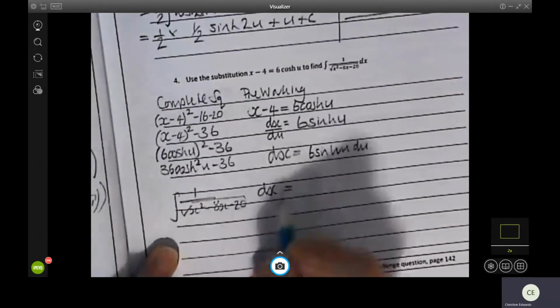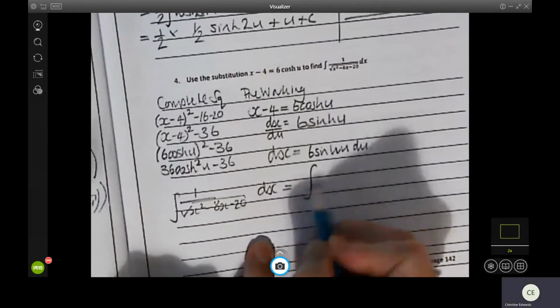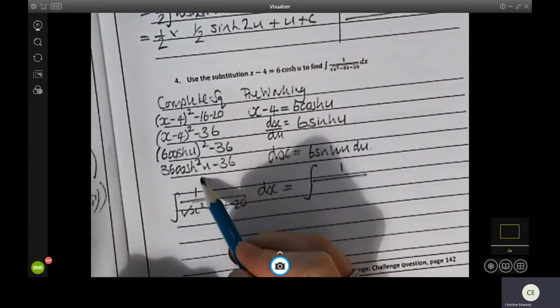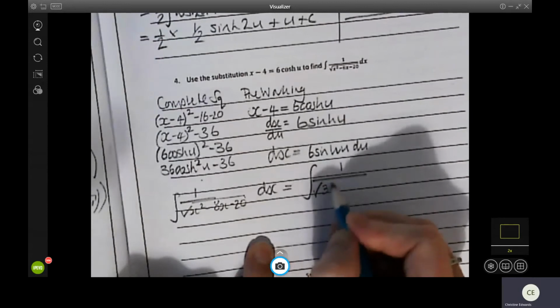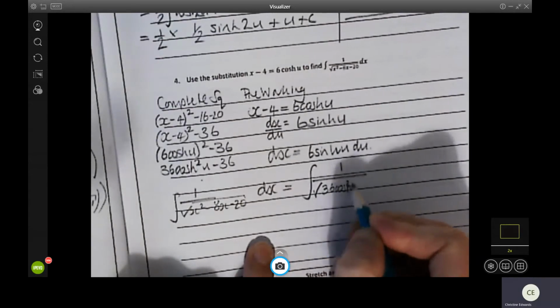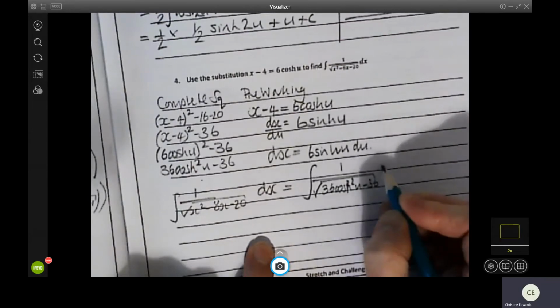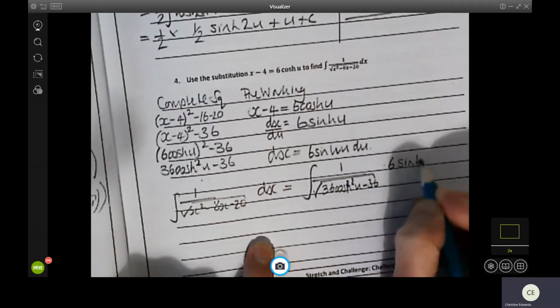That's going to give me an integral as 1 over, instead of the quadratic, I'm going to replace the square root of 36 cosh squared u minus 36 times by 6 sinh u du.